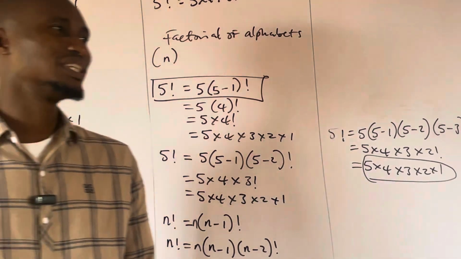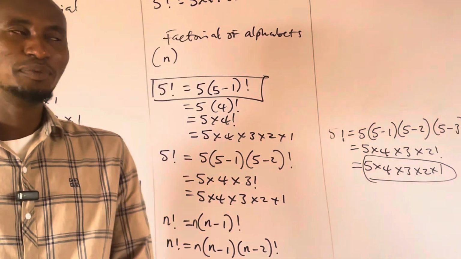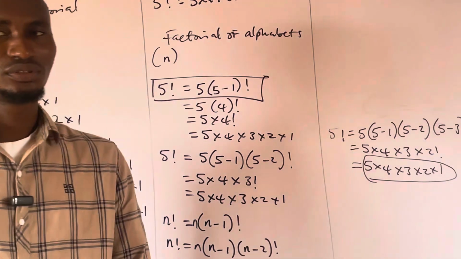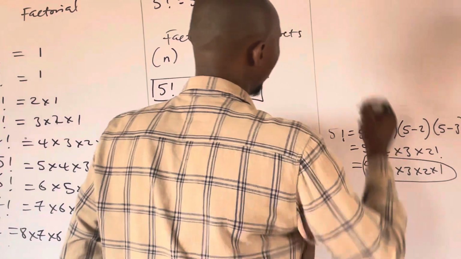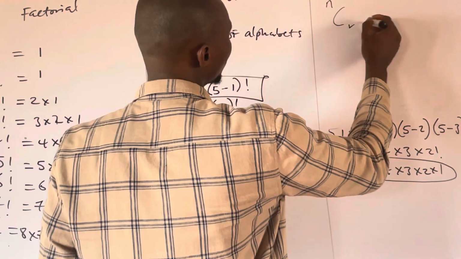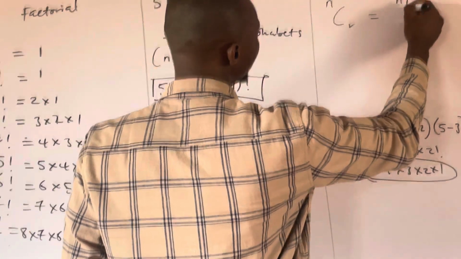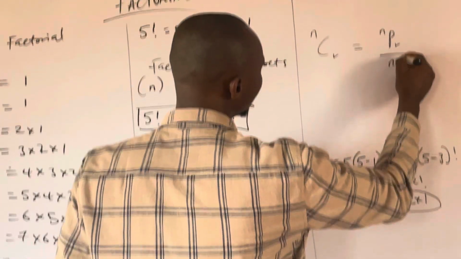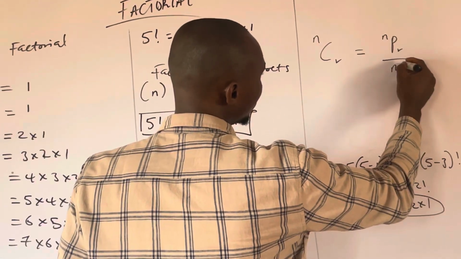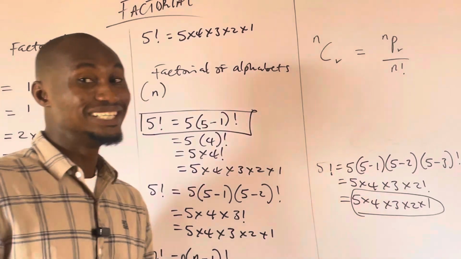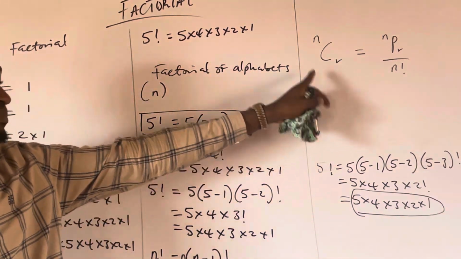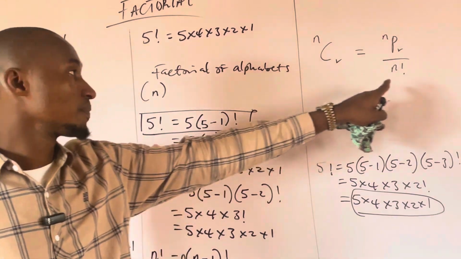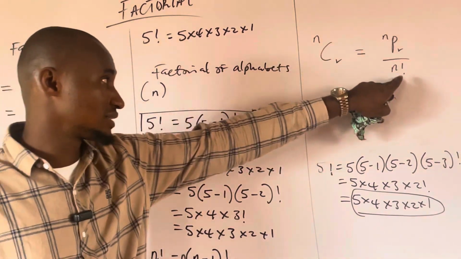But when you see questions like evaluate n plus 1 combination this and that, and again, don't also forget that n combination r also means n permutation r over r factorial. There's a relationship here. And there's a question I'm going to bring in to make you come to balance on this.